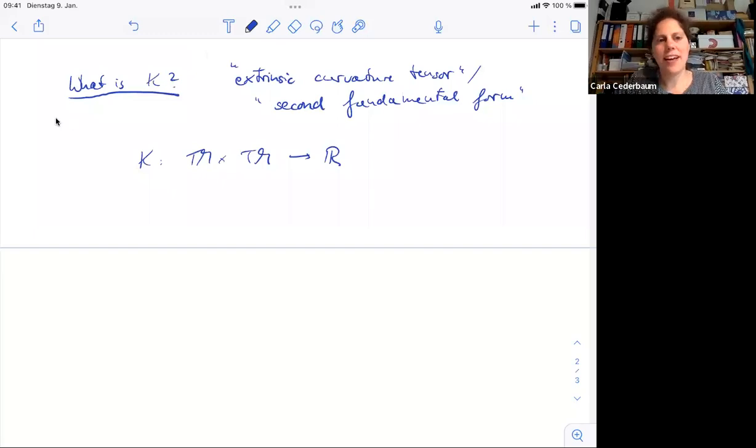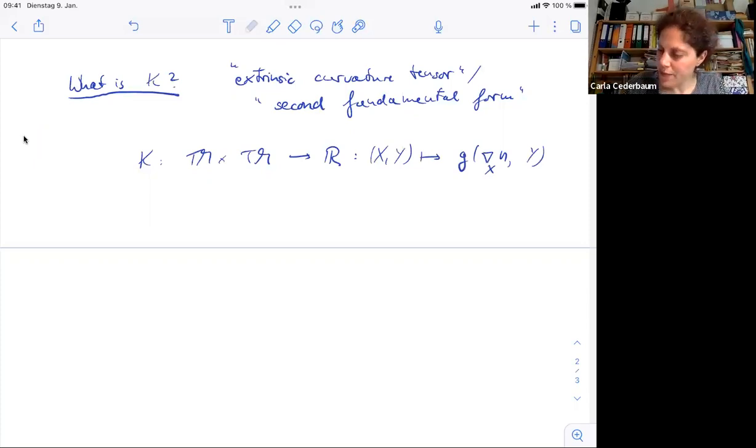So in that second, I'm going to try to write down the definition of the second fundamental form. So if I take two vectors X and Y, then I map them to g(nabla_X n, Y), where this nabla here is the Levi-Civita connection of the space-time metric.